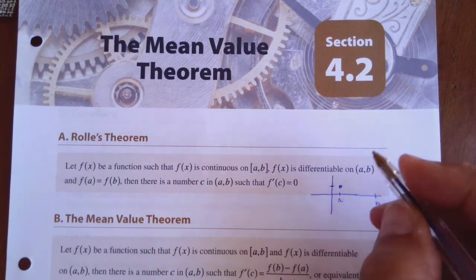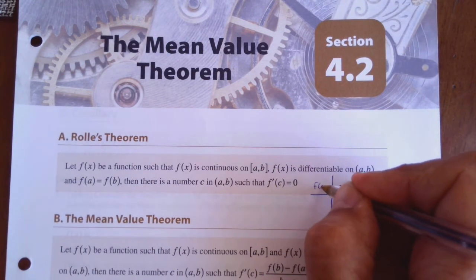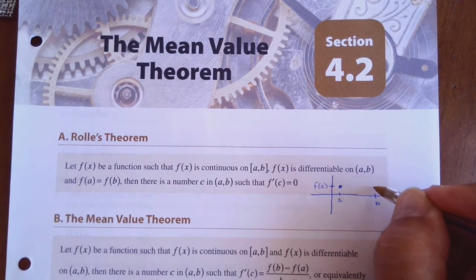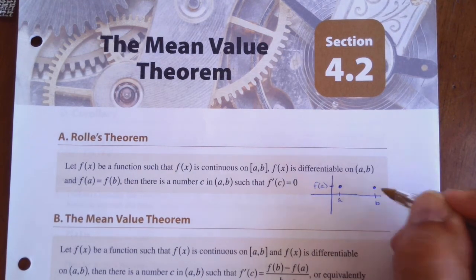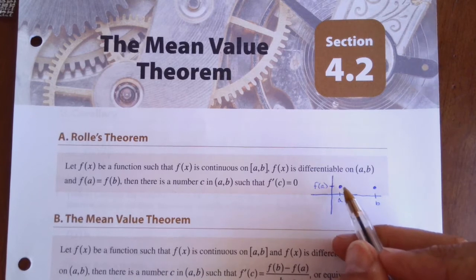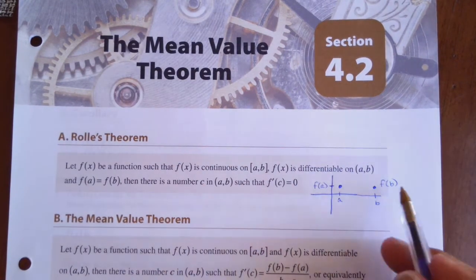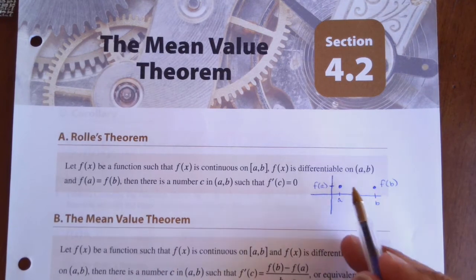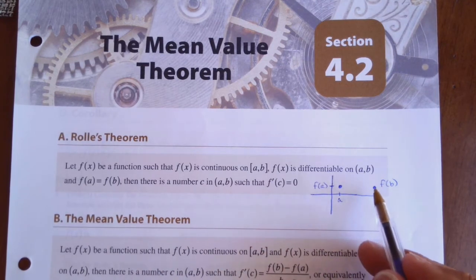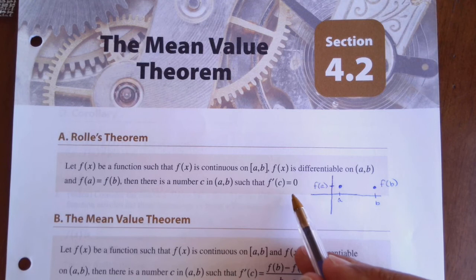So this would be f of a, right? Then over here, f of b would have to be the same at the same point, right? So this would be that f of a and f of b are the same. So they have the same y value. So they're horizontal to one another. Okay, so maybe now you can kind of see what this is saying.